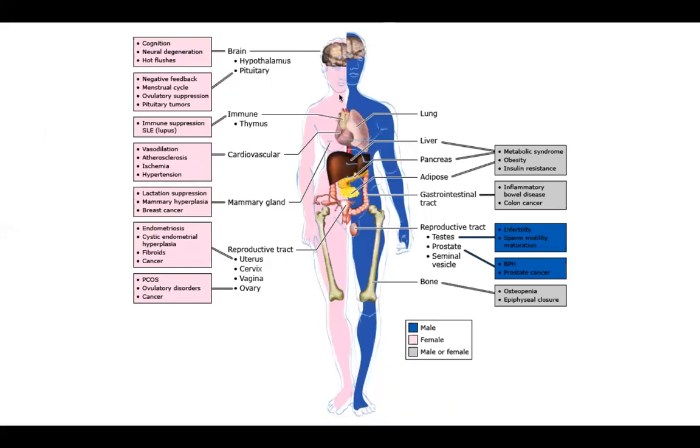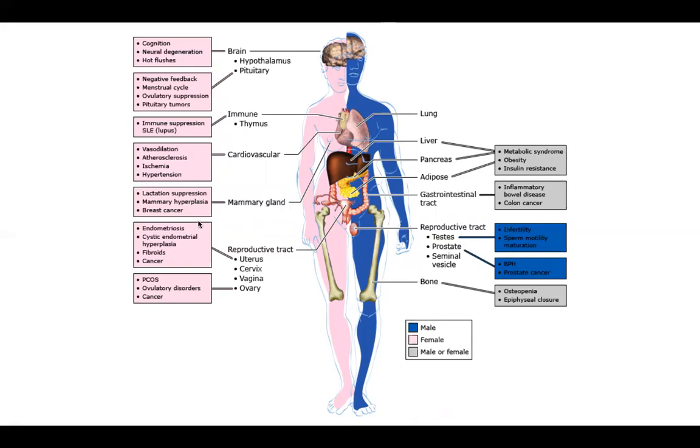The next slide shows places in the body that the estrogen created from the ovaries can affect. So you have the central nervous system, the hypothalamus and pituitary that we've talked about, the immune system, and the cardiovascular system, which is kind of a hot topic for contraceptive pills requiring estrogen.